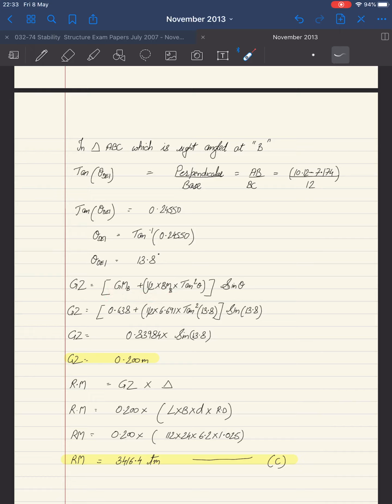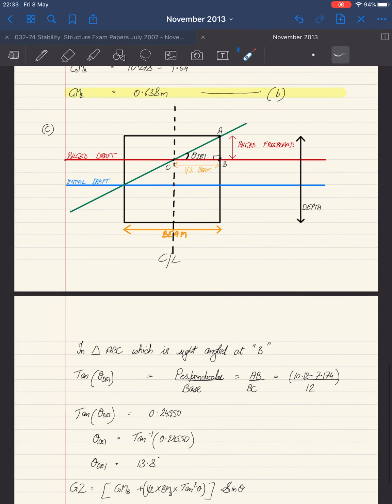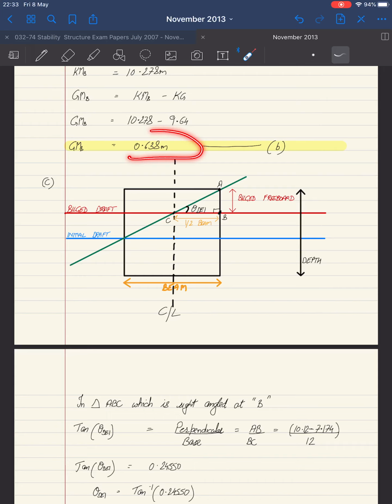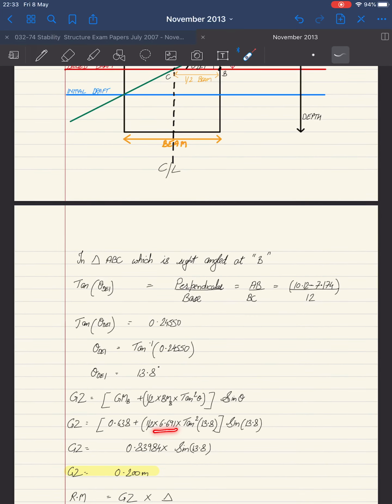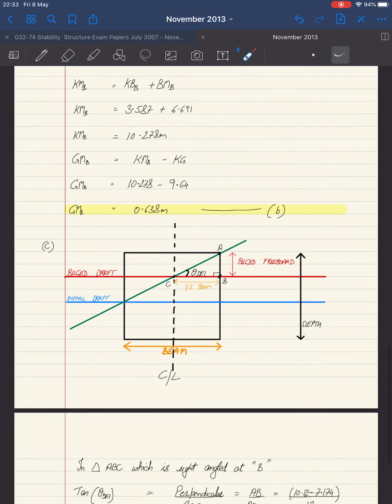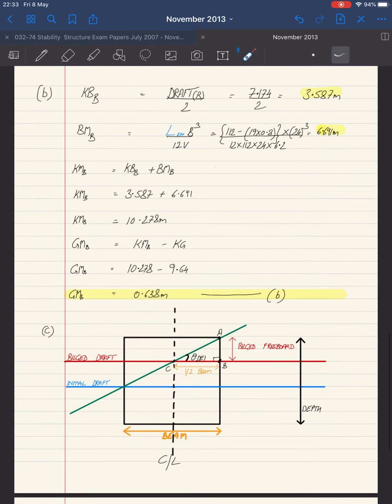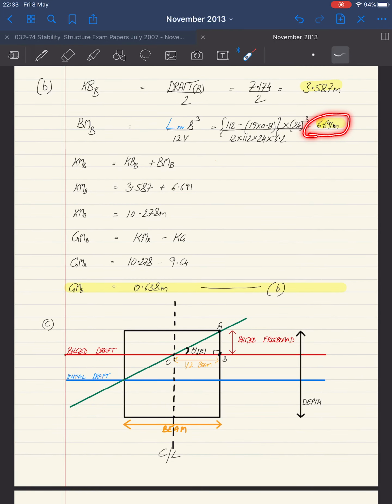We have to be very careful about the brackets used here. GM bilged was found to be 0.638 meters, which was earlier in part B, which is this. And BM bilged was found to be 6.691 meters, which has also been found previously, which is here.